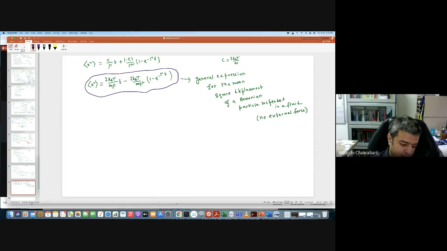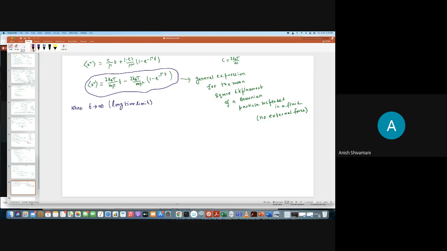Now when t goes to infinity, in the long time limit, what do you expect here? What is the expression for x square average? Just by looking at the expression, it is proportional to t.